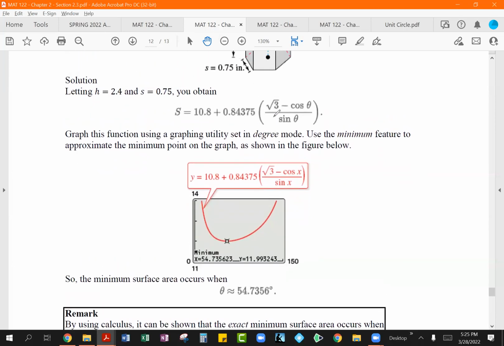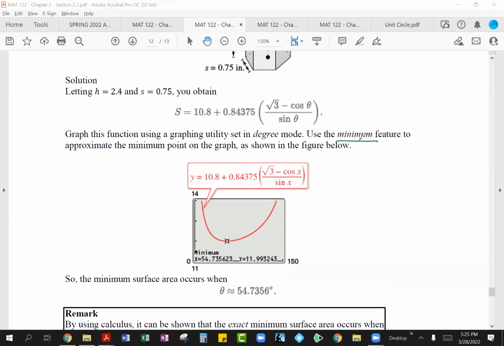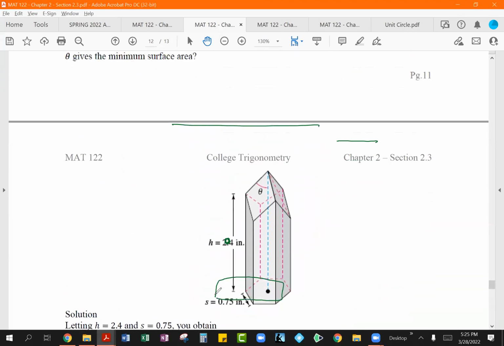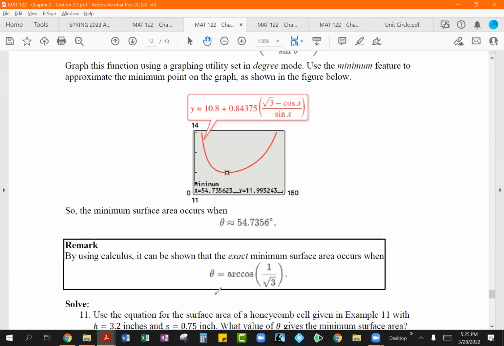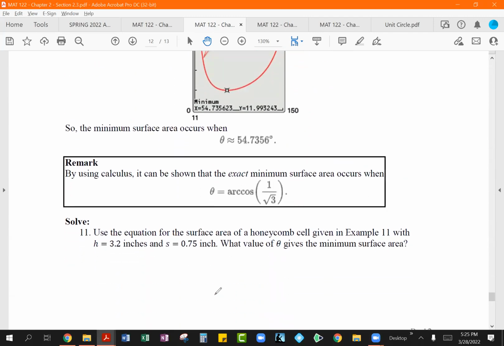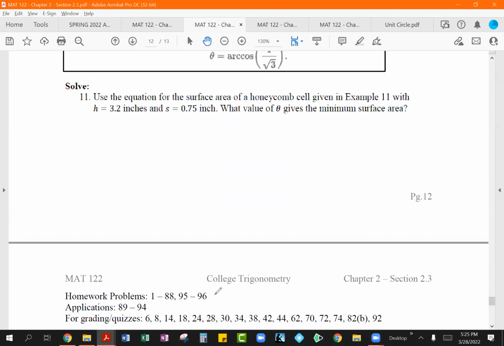You use the built-in minimum function to figure out the lowest possible angle we can get, where this equation is concerned, and you will end up with 54.7356 degrees. And of course, since they told us theta is between 0 and 90 degrees, we know we were leaving our calculator in degree mode. So just an application problem to help you out working through this.